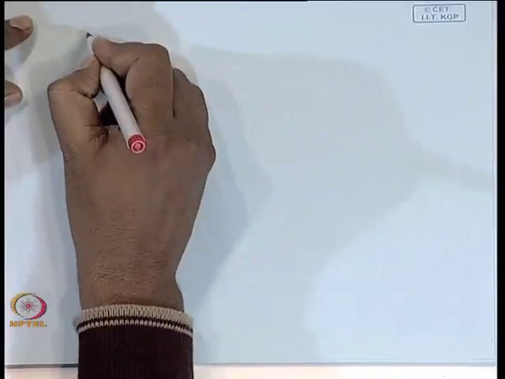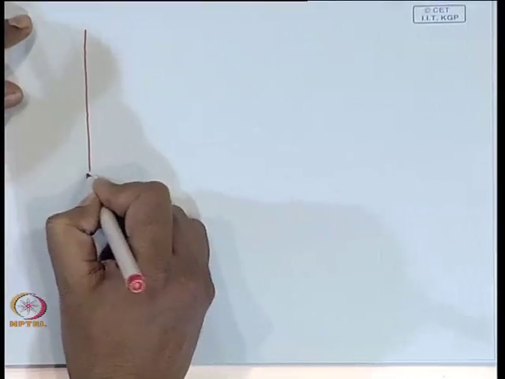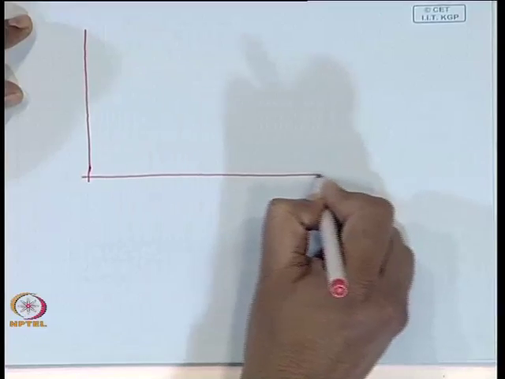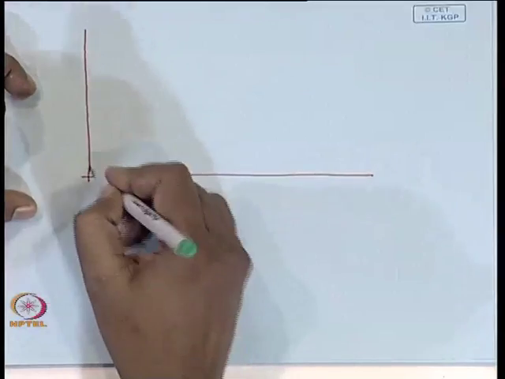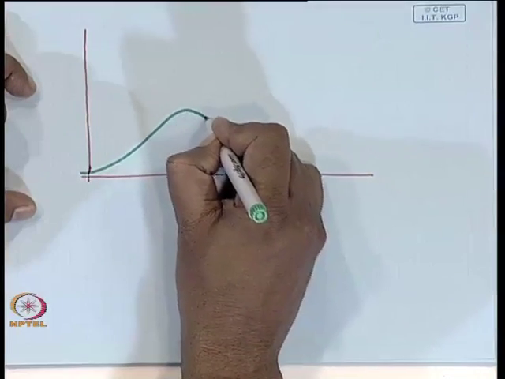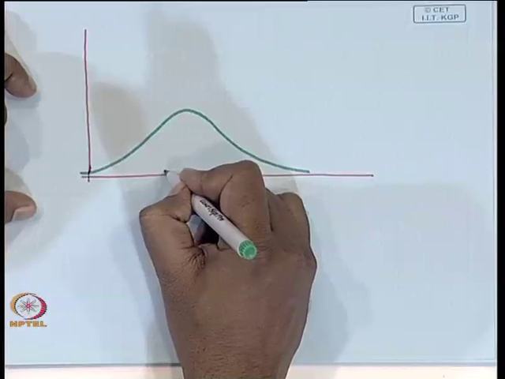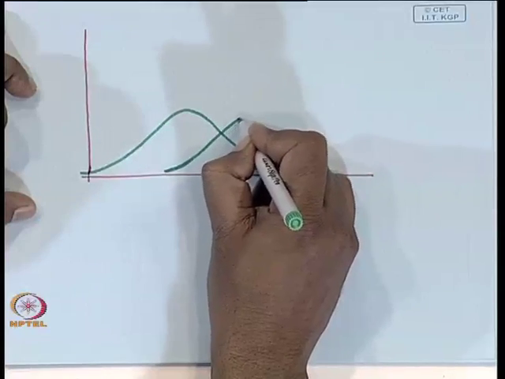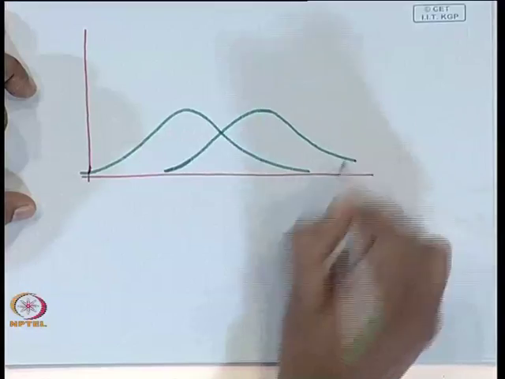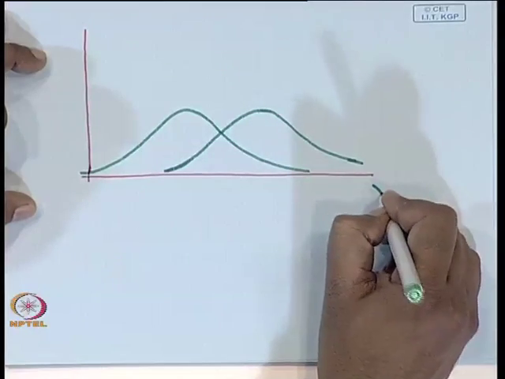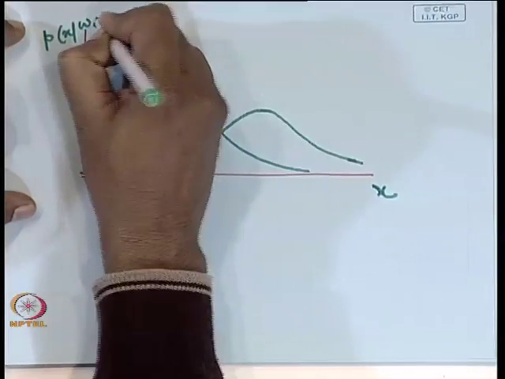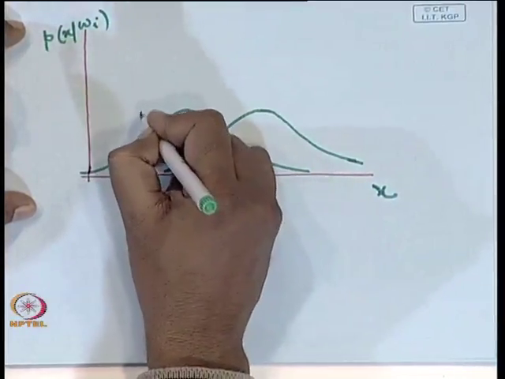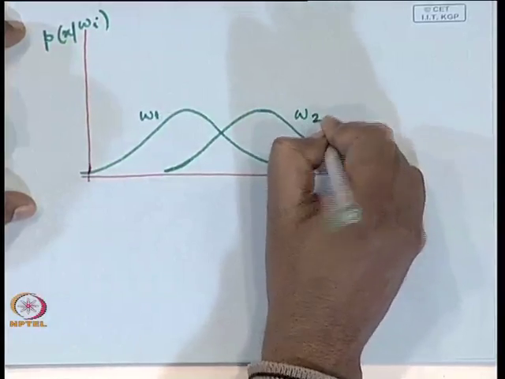So, effectively it says that if the probability density functions, the normal probability density functions, are like this, again plotting in the univariate case, so on this side I put x, and this is p of x given omega i, and suppose this is for omega 1 and this is for omega 2.